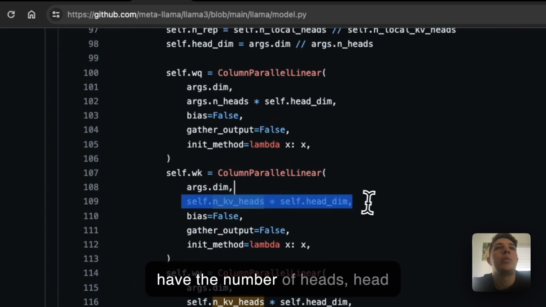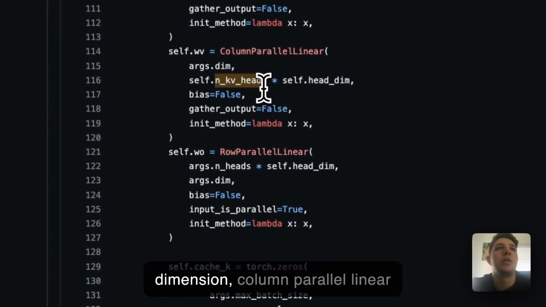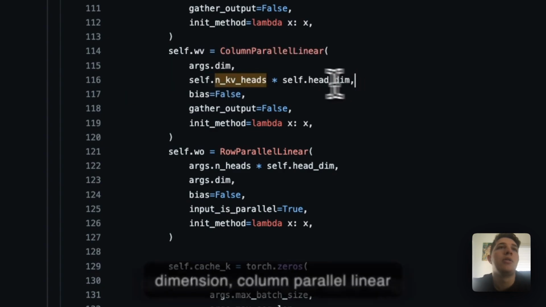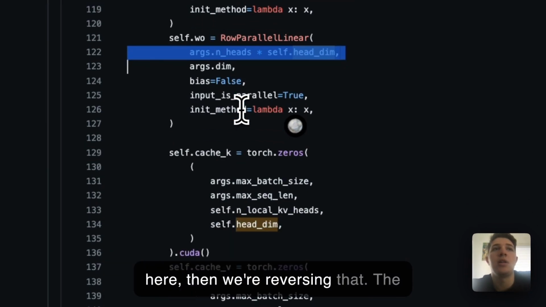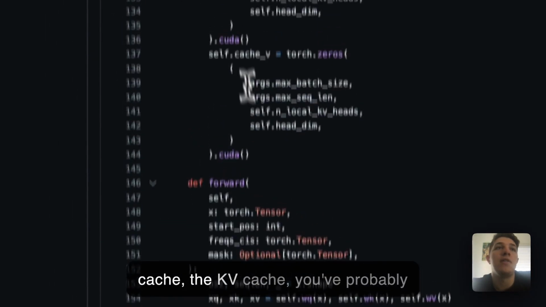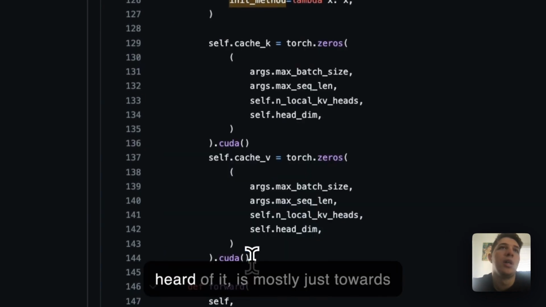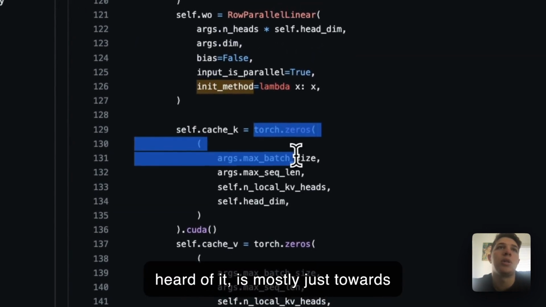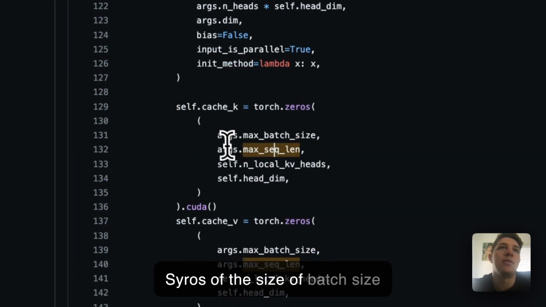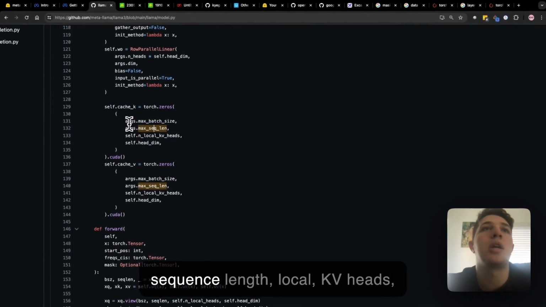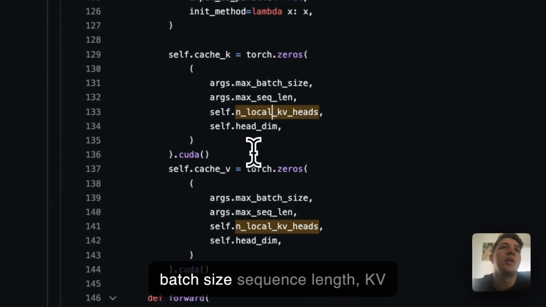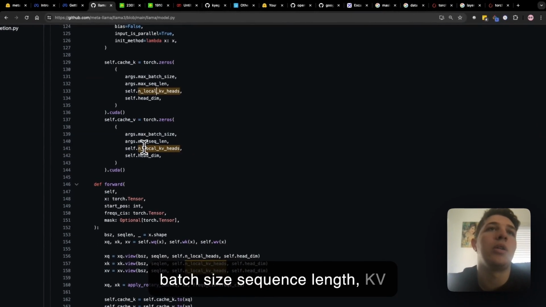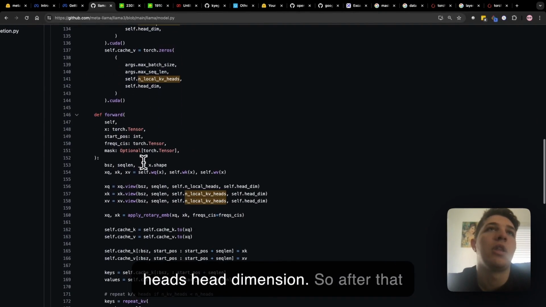So we have the number of heads, head dimension, column parallel linear dimension. We're doing the same thing here. Then we're reversing that. The cache, the KV cache, you probably heard of it, is mostly just torch zeros of the size of batch size, sequence length, local KV heads, head dimension.